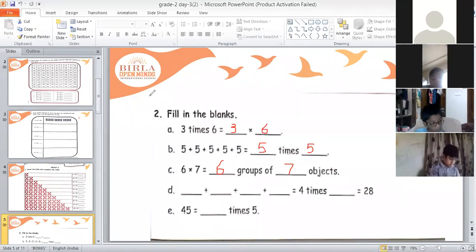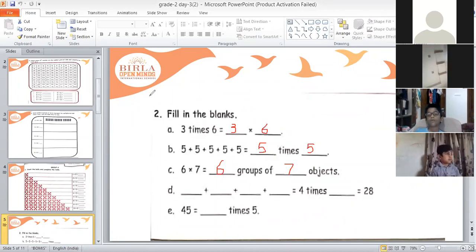Okay. 4 eights are 32. Yeah. 4 nines are 36.